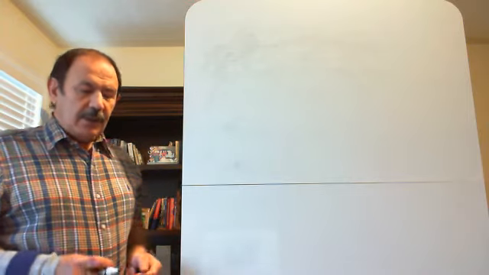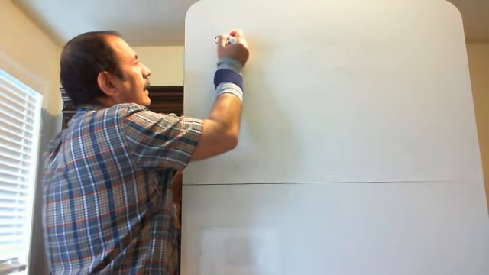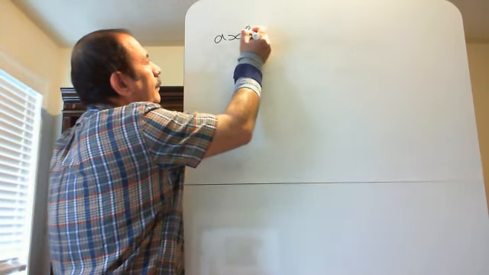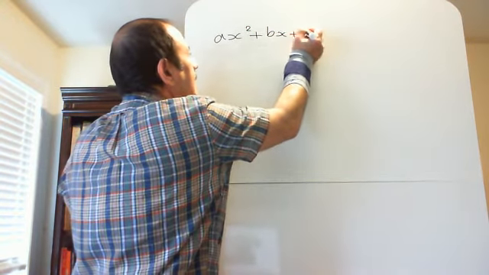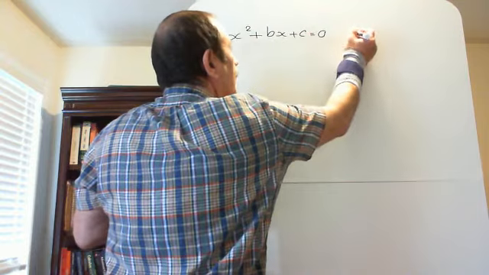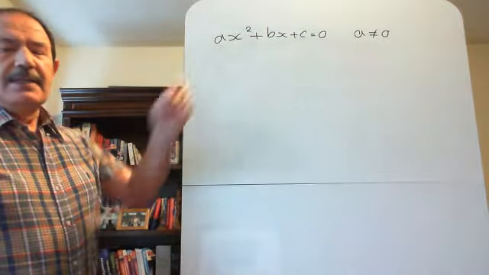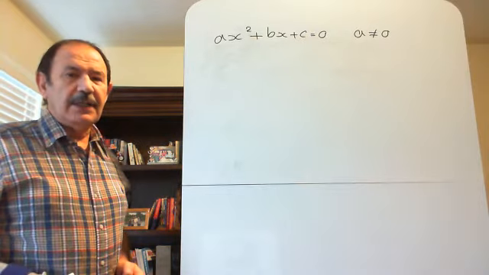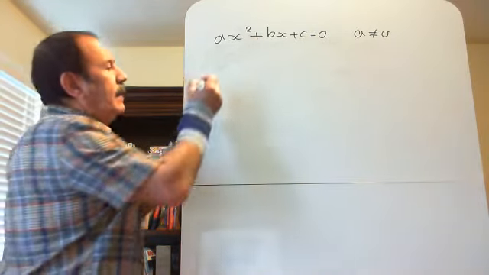If you remember, the quadratic equation in standard format is ax squared plus bx plus c equals 0, and the restriction is that a shouldn't be equal to 0, because if a is 0 then it's not a quadratic equation anymore. And what is the quadratic formula?